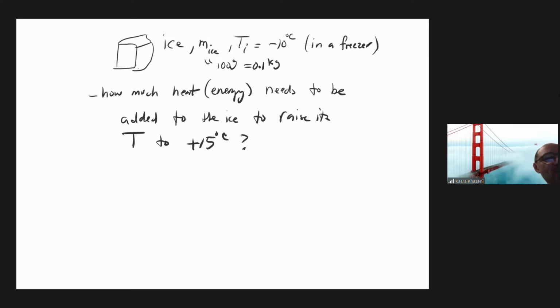What do I need to do, guys? Delta Q is MC delta T, and then?